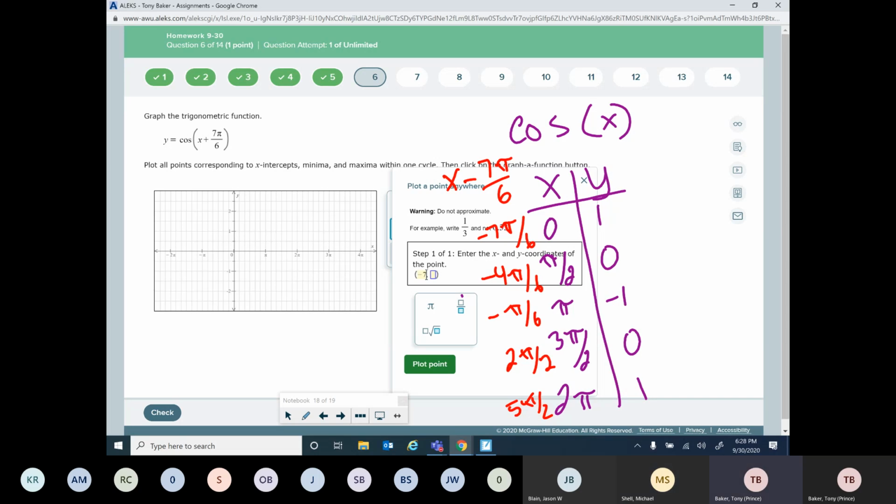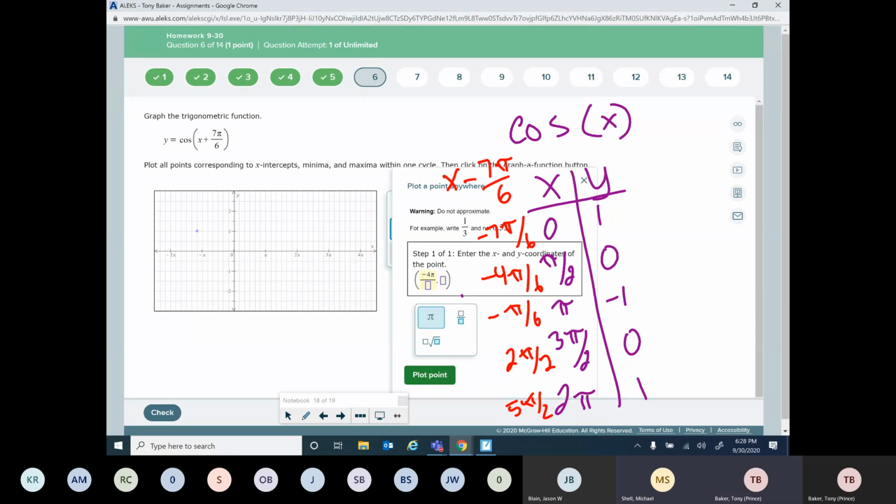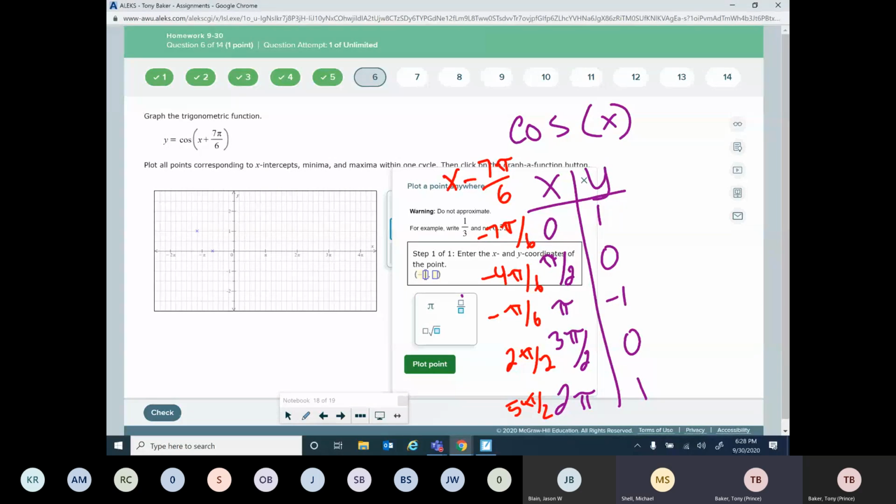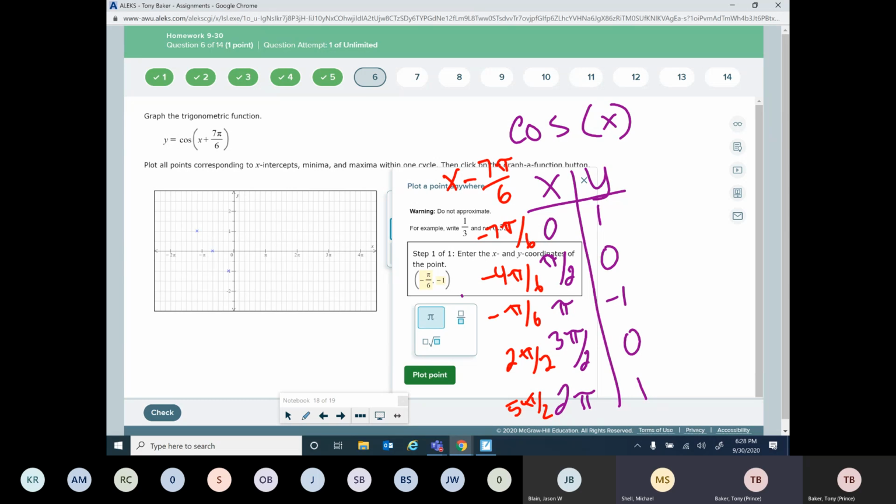So negative 7 pi over 6, and 1. Negative 4 pi over 6, and 0. Pi over 6. And yes, I could have just done pi there.